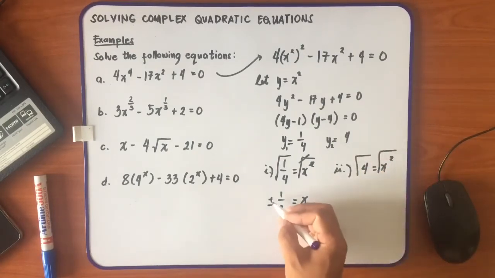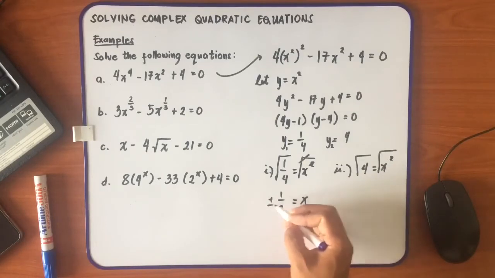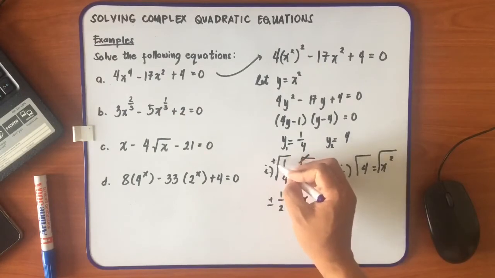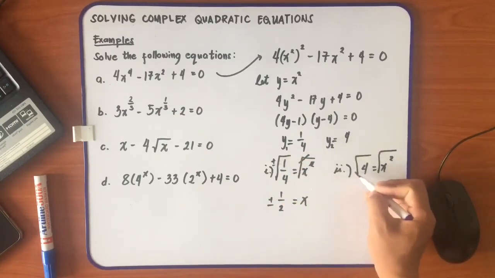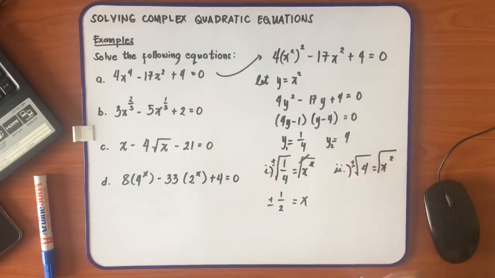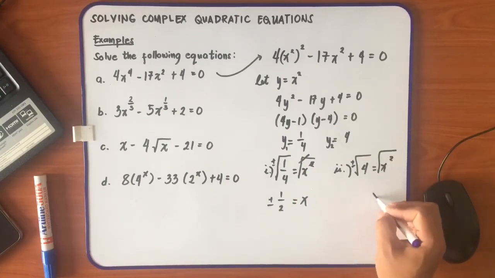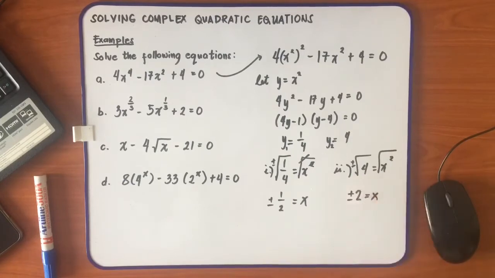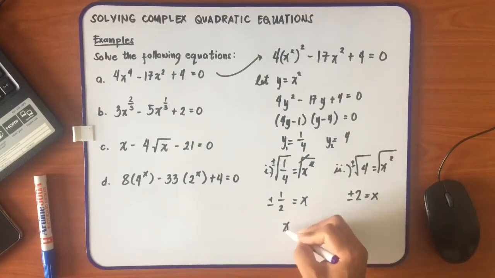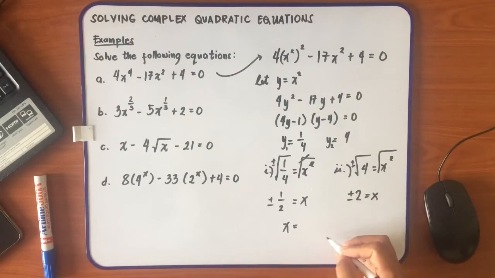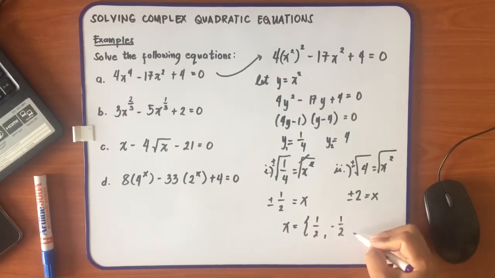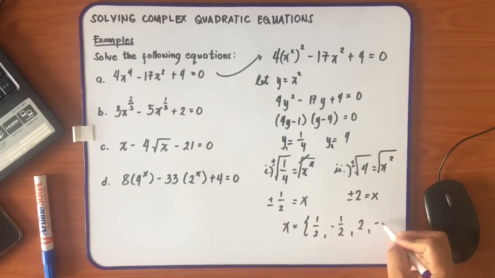Why did I write positive or negative? Usually, if we square root both sides, it will become positive, negative. The same thing here, positive, negative 2. So there are 4 values of x. The values of x are 1/2, negative 1/2, 2, and negative 2.